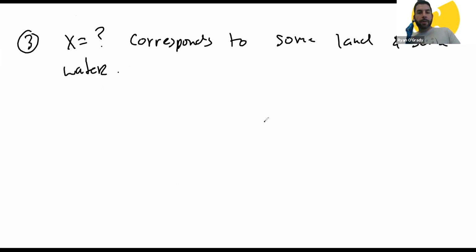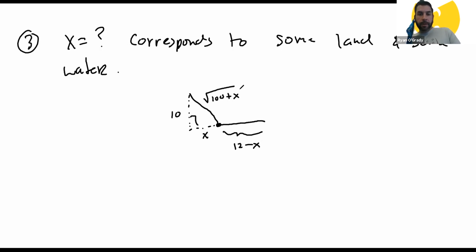So if I draw that picture, that's down to here, and then up. So if this is 10, we know this is x, and we know this guy is 12 minus x. What is this distance? Well, by the Pythagorean theorem, this distance is the square root of 100 plus x squared.